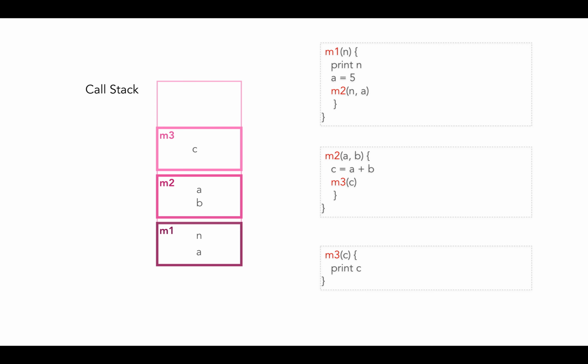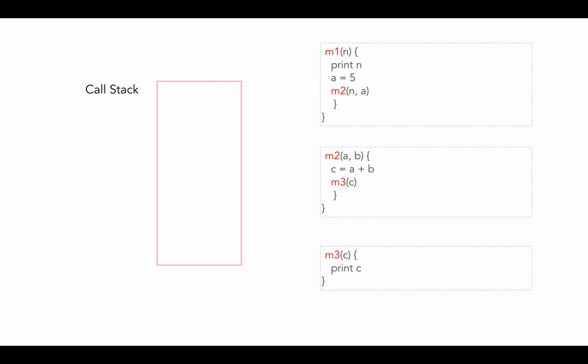And a stack always follows last in, first out order, so the first method to completely get executed is the one that got added last, the one at the top of the stack, which is m3. So it will get executed, and after its execution, m2 executes and at last m1 executes. So this is how it works.